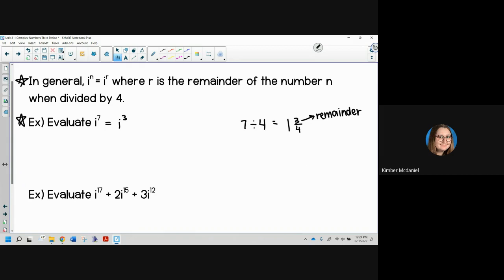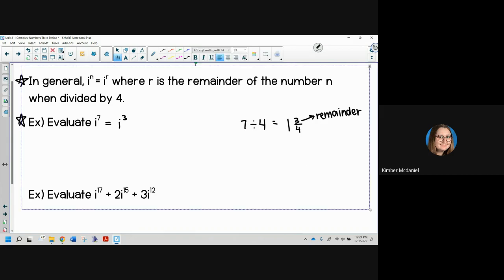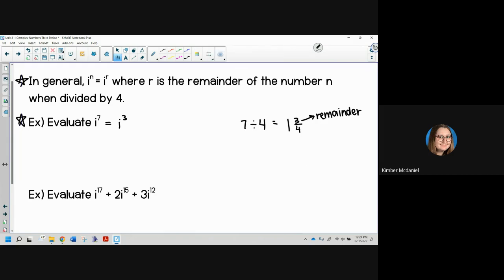Because you can see that we had i to some number, and that's equal to i to the r, when the r is the remainder of the number n divided by 4. So we took 7 divided by 4, got that remainder. Now, we said that i to the 3rd is equal to negative i. And that's right.